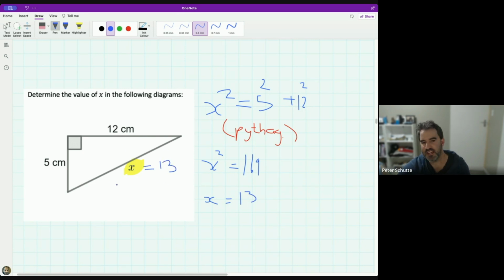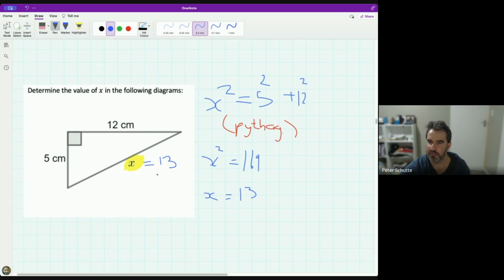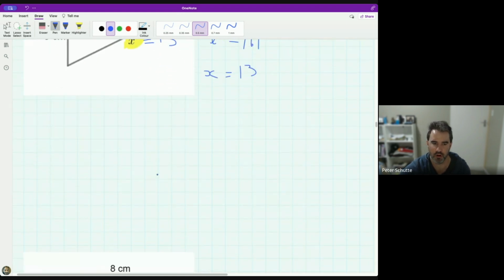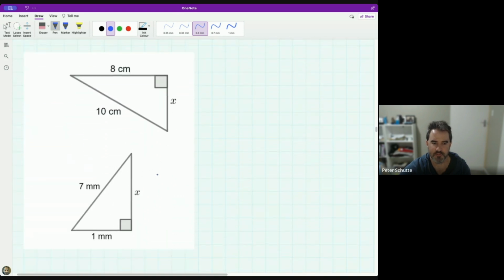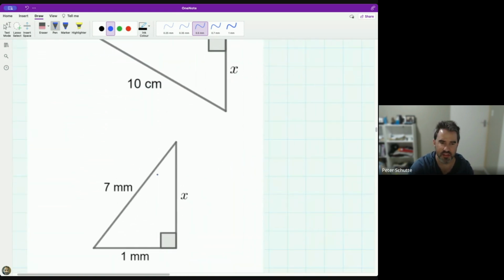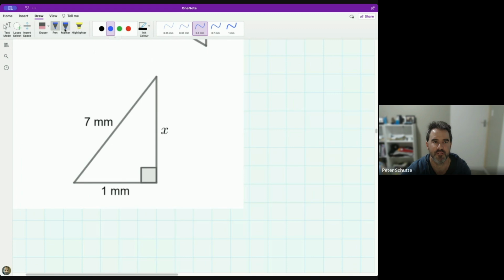Now, this is the easier option because it's finding the hypotenuse. If you had to find one of these, it would be a little bit harder. But yeah, I think you guys can probably do that. So let's move on. Find me the length of this side over here, which is not the hypotenuse, but it is a right angle triangle.